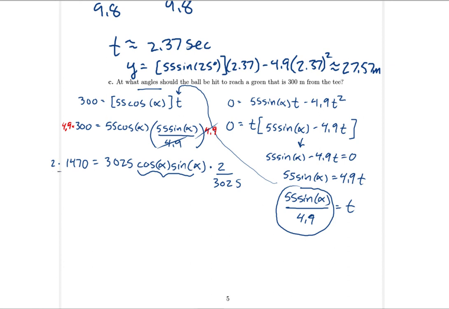The reason I'm multiplying by 2 over 3025 is because remember that the double angle formula for sine has to have a 2 in front. So what I have over here on the left side is 2940 over 3025, and that's equal to 2 cosine alpha sine alpha. But that, based on the double angle formula for sine, is the sine of 2 alpha.